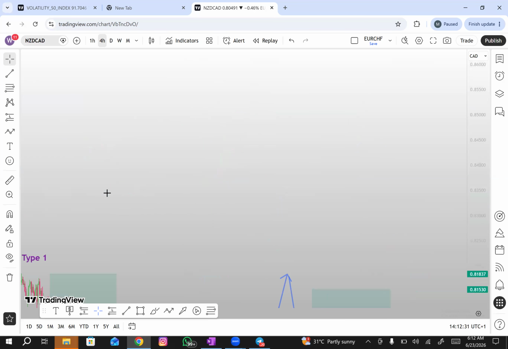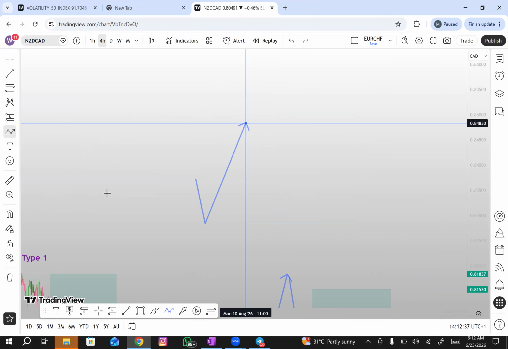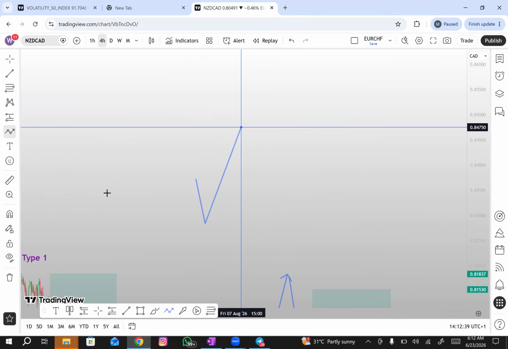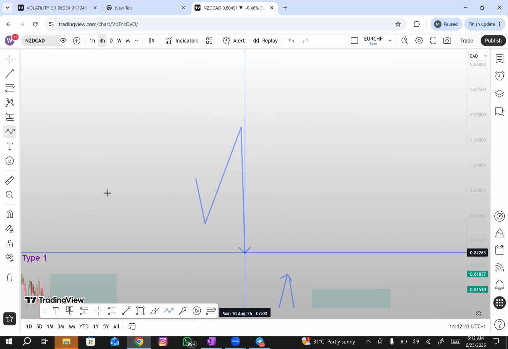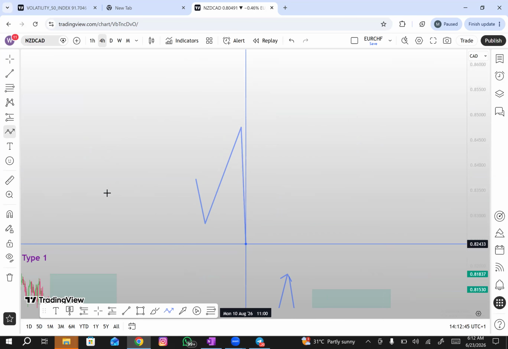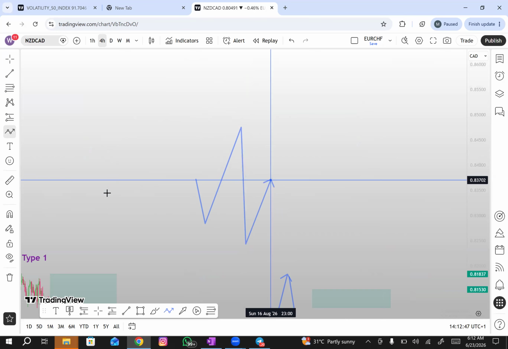Hope you've not forgotten type 2. First, a basic market structure, a sweep, very important, before the break.